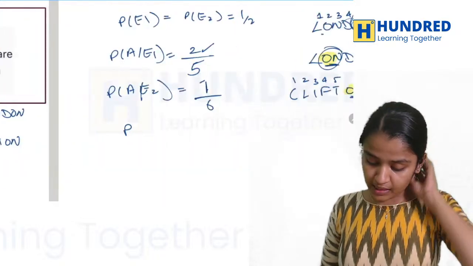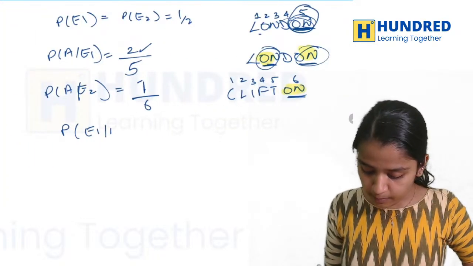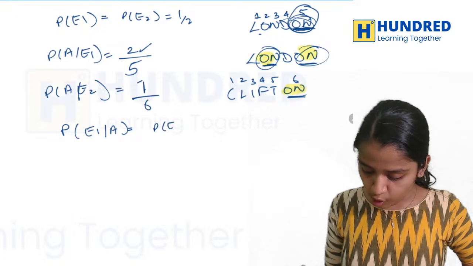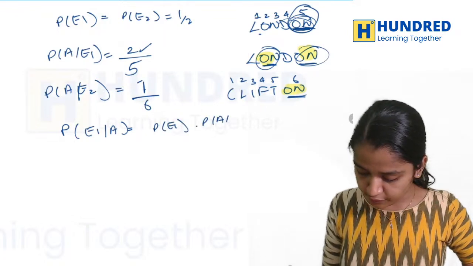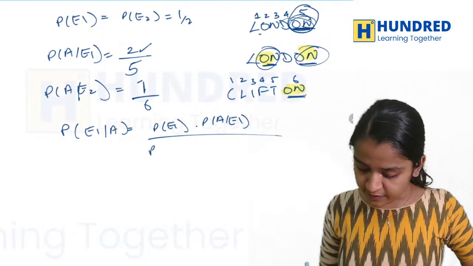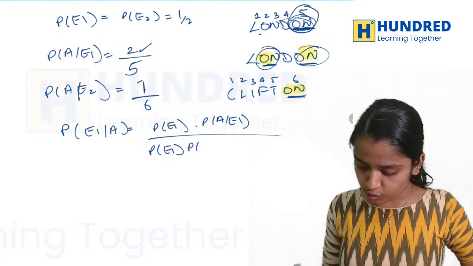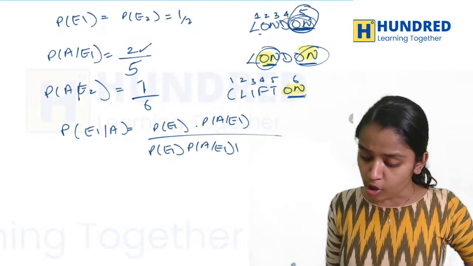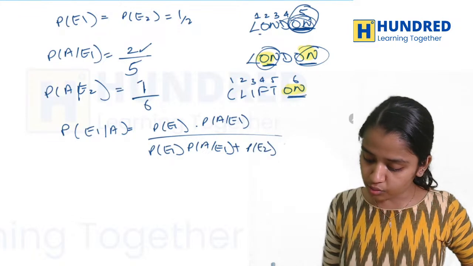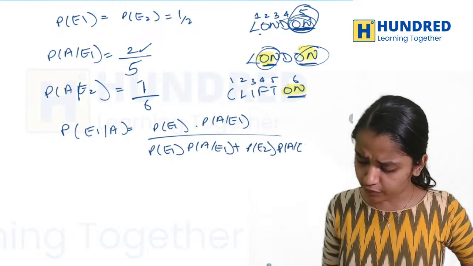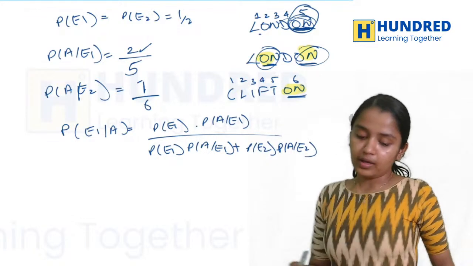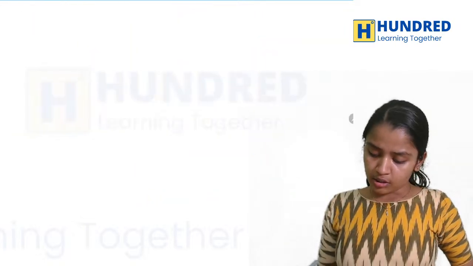So P of E1 by A is nothing but P of E1 into P of A by E1 divided by P of E1 into P of A by E1 plus P of E2 into P of A by E2. So and the madri you will be having. Now what happens?